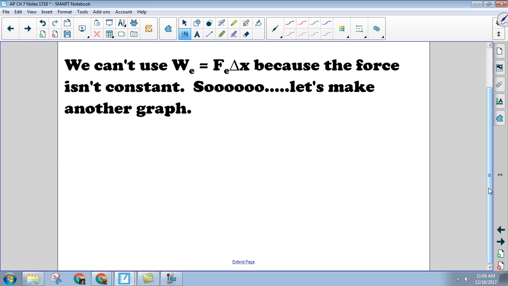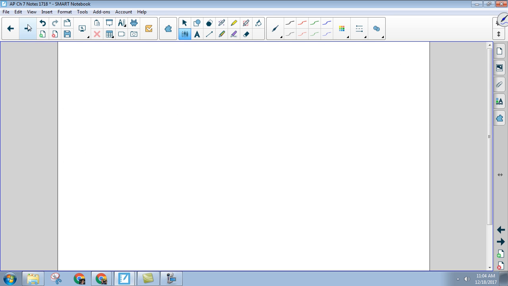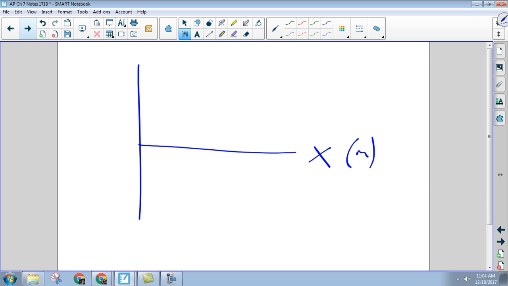So, did I give myself a blank page? I did. Cool. All right. So x for position, we'll call that in meters. And here's the force of the spring. So remember, force of the spring is negative k times x, right? If I give you y equals mx, m is the slope, right?